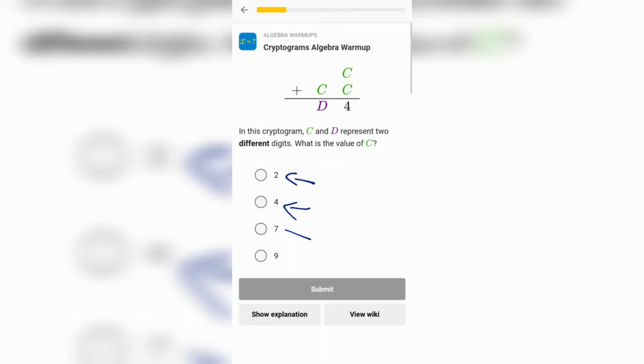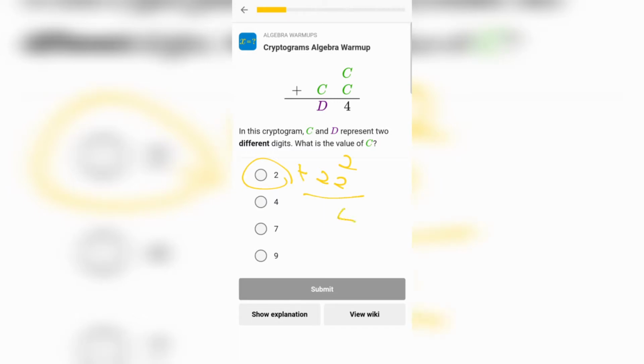So if we use 2 as a solution, it would be 2 plus 22, which gives 24. But this cannot be right, because if C is 2, D has to be something different.